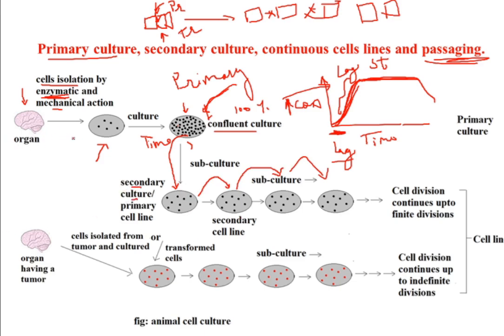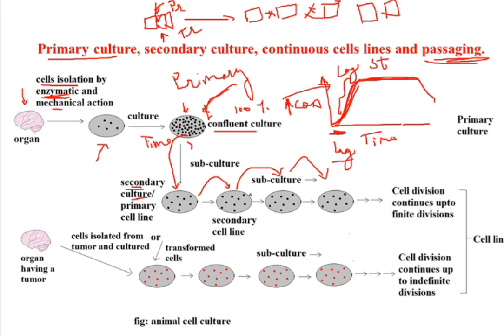This is a primary culture. Primary culture means directly excised from the organ, put into media, and allowed to grow to form 100% confluency. When this 100% confluent primary culture is subcultured, it becomes a secondary culture. The secondary culture will remain a secondary culture because every cell has a finite life.